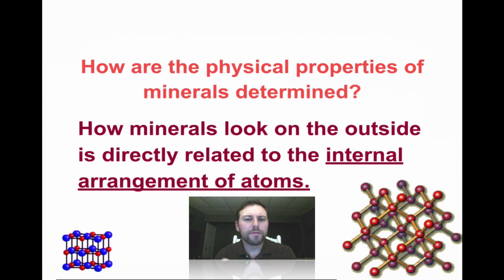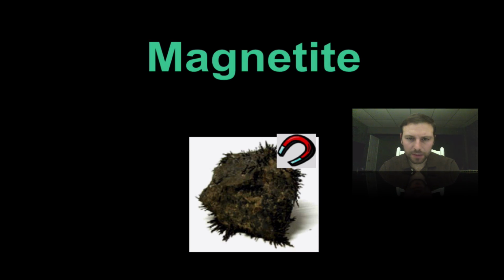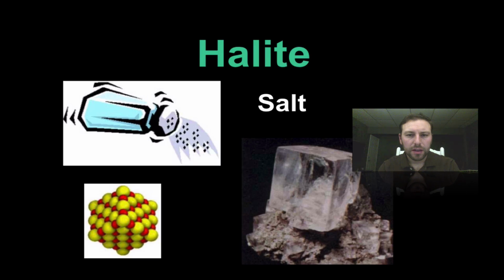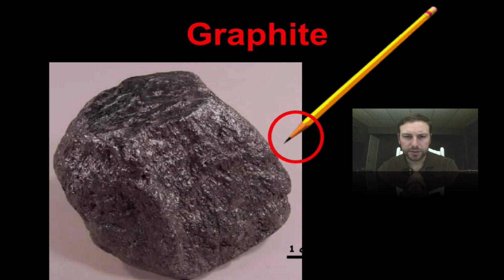The physical properties of a mineral are determined by this internal arrangement of atoms. So these repeating patterns that we see, such as diamond, talc, or galena, are going to help make those minerals what they are. Magnetite, same thing. Halite has its cleavage because of this internal arrangement of atoms.